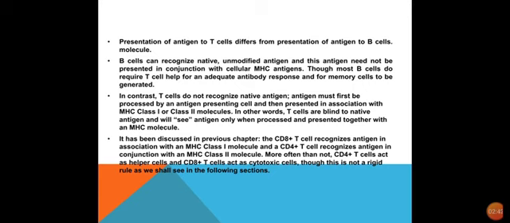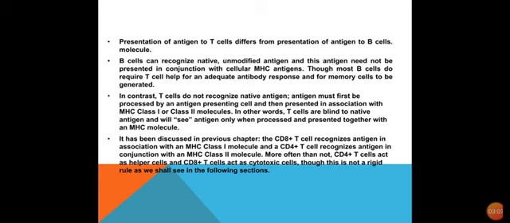In contrast, T cells do not recognize native antigen. Antigen must first be processed by an antigen-presenting cell and then presented in association with MHC class 1 or class 2 molecules. In other words, T cells are blind to native antigen and will see antigen only when processed and presented together with an MHC molecule.